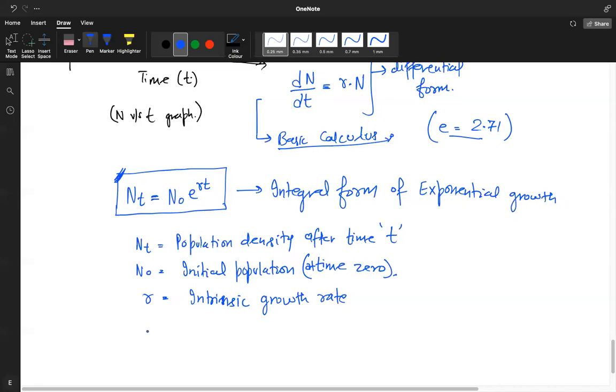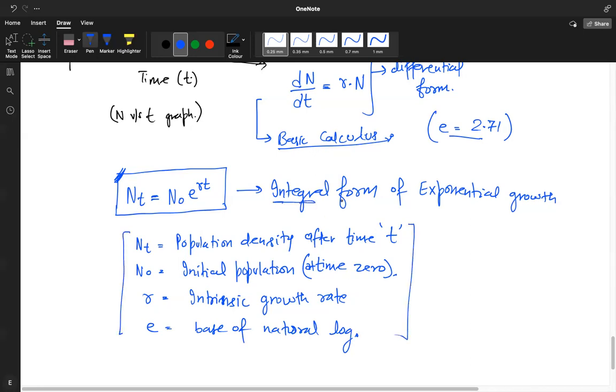And e is the base of the natural log. The value of e is written here, 2.7.